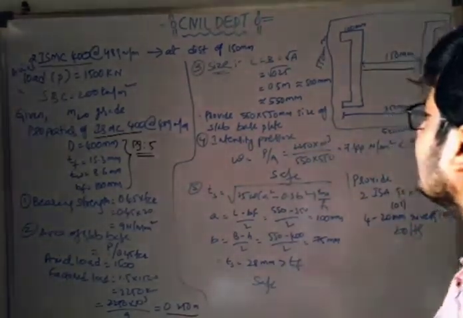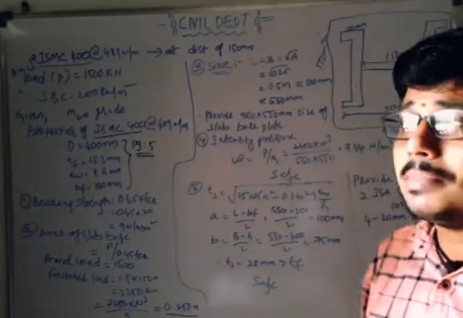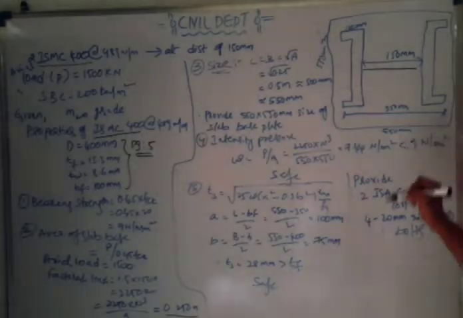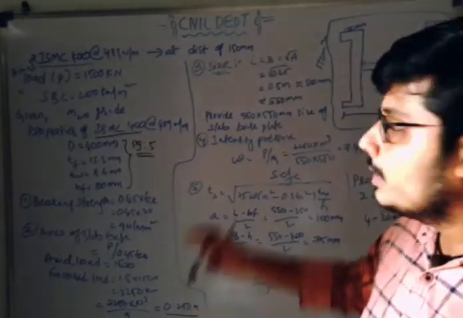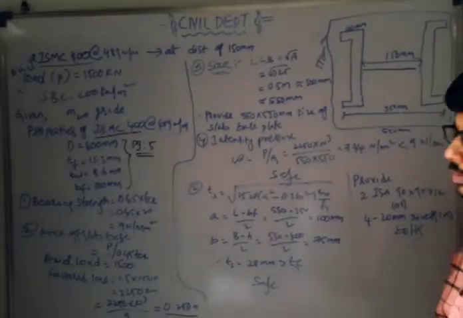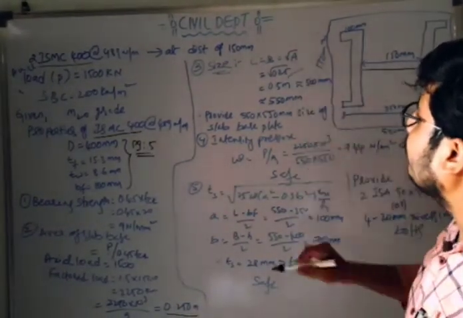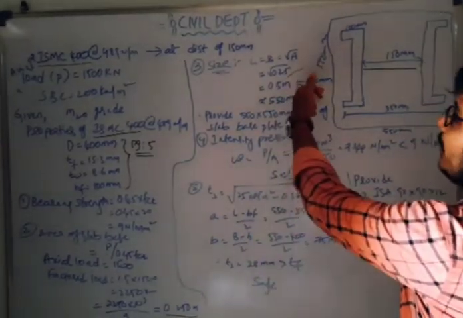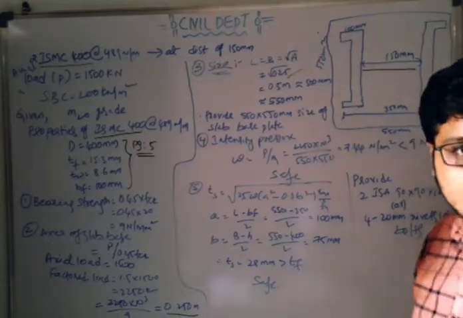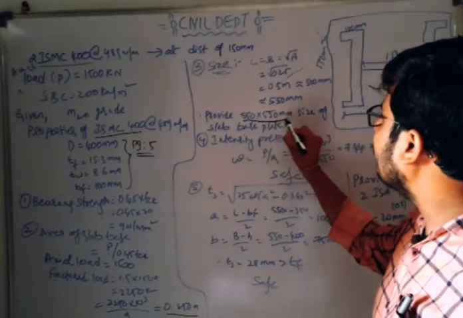Third step is size of slab base. Same as before, we will take a square base plate. L is equal to B is equal to root A, that is root 0.25, which is 500 mm. We will increase the size, so from 500 mm to approximately 550 mm, and we provide a slab base plate of size 550 mm by 550 mm.